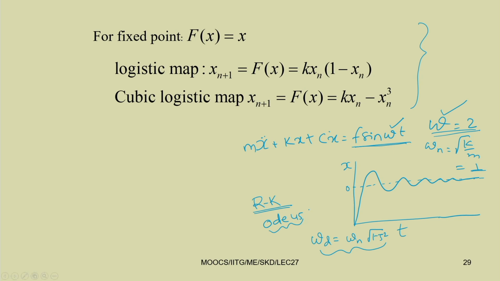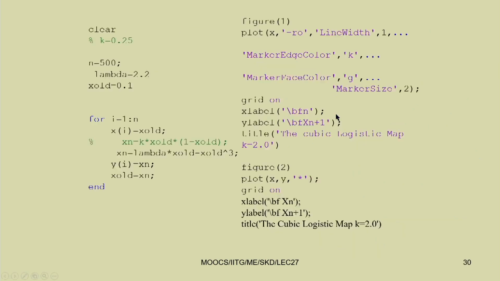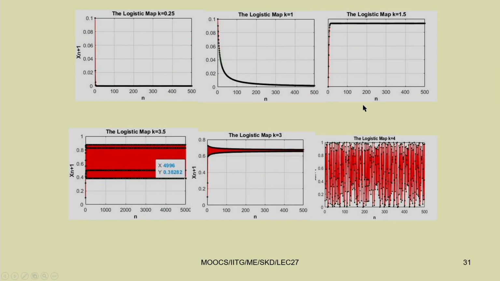This is the logistic map. For the cubic order logistic map, you can write x n plus 1 equal to k times x n minus x n cube, starting with x 0. Here n will start from 0, so n equal to 0, 1, 2 like that, and you can have different iterations.